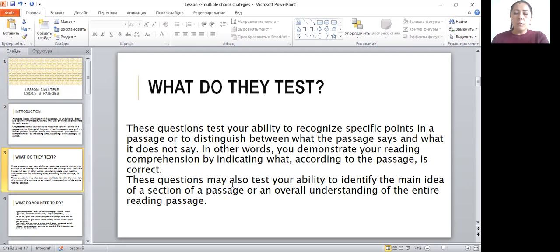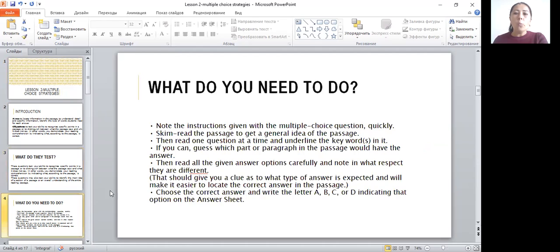But including these abilities, you can also identify the gist of the texts. You can comprehend the text very well if you use these multiple choice strategies.